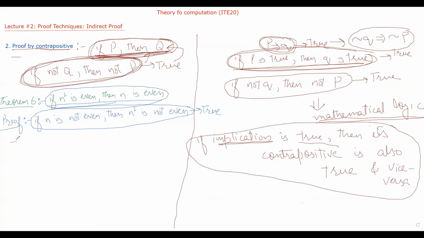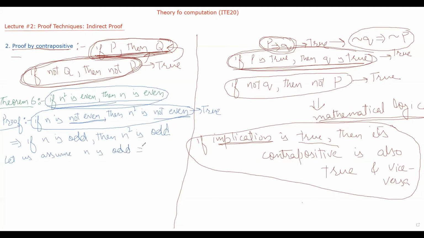Not even means odd. So if n is odd, then n square is not even. Let's assume n is odd.